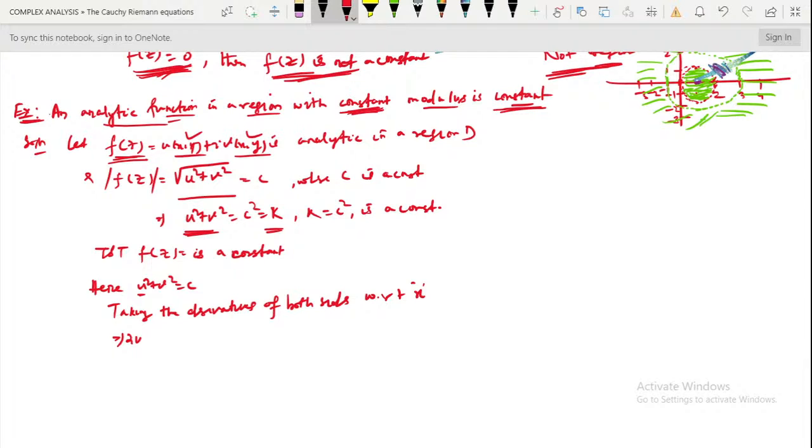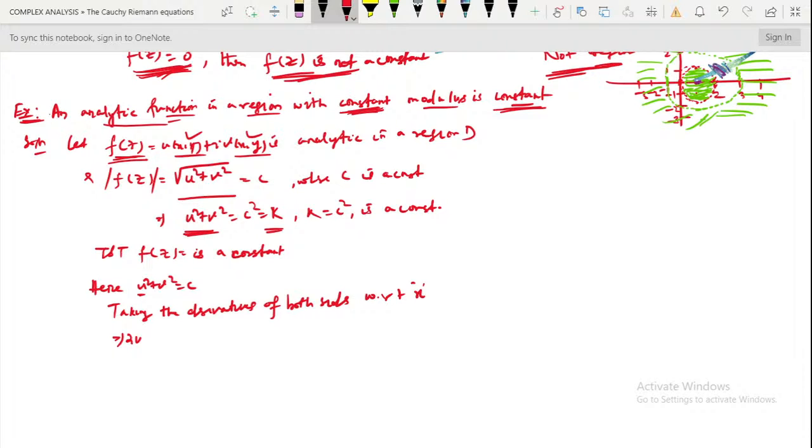Okay, proof. So if you come to the problem, any analytic function f of z, any function f of z is constant.